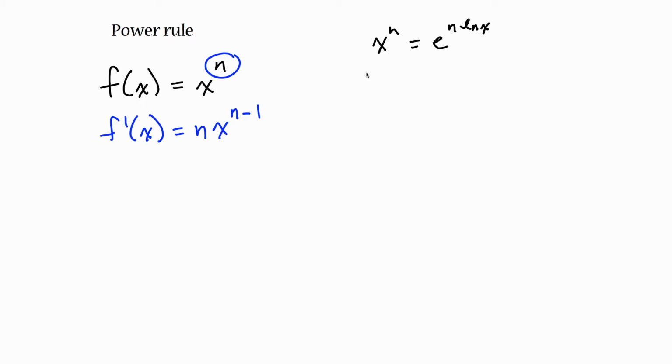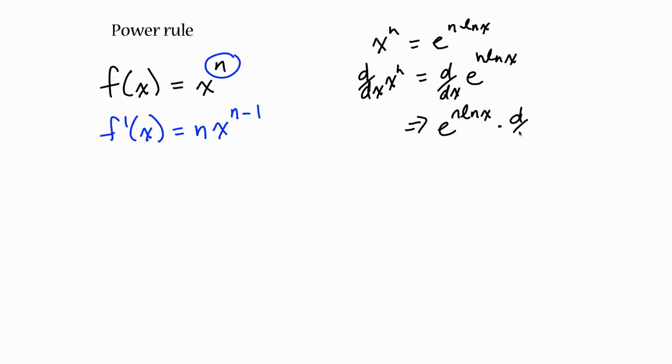So, by definition then, the derivative of x to the n is going to be equal to the derivative with respect to x of e to the n ln x. We know by the rules for derivatives of exponential functions that that's going to give us e to the n ln x back again, times the derivative of n ln x.